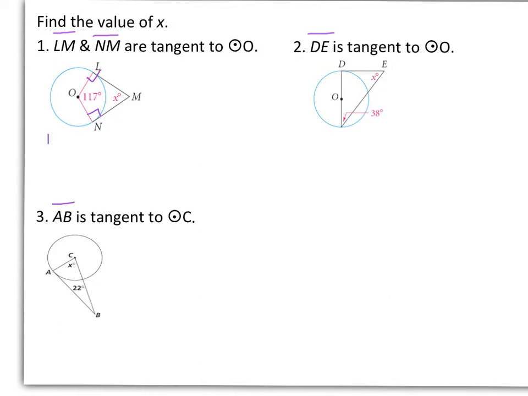So we can say 117 plus 90 plus 90 plus x will equal 360. Then if we want to solve for x, we just subtract those numbers from 360 and we get that x is 63 degrees.